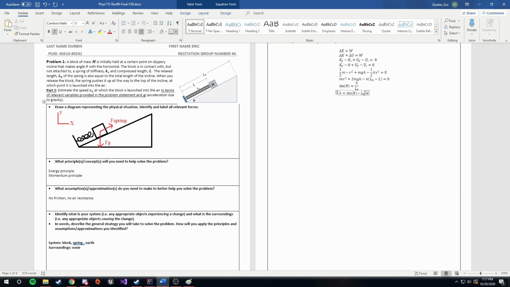There's a little bit of gravitational energy, but we'll deal with that. Since there's conservation of energy, we can set the potentials equal to the kinetic. So the spring potential energy is important because we're using it as the initial potential energy.